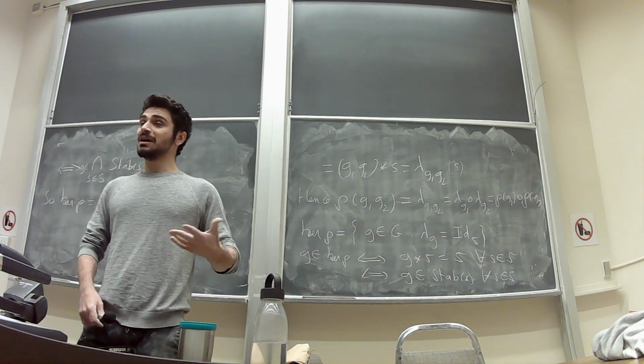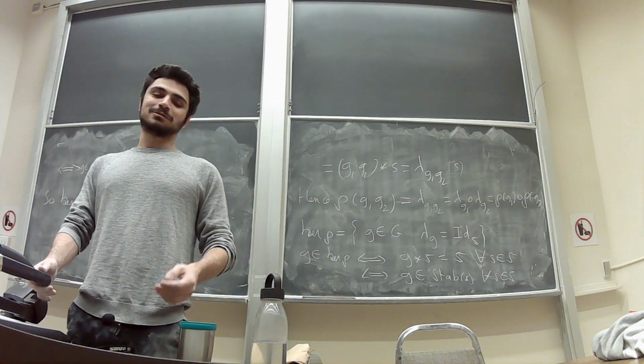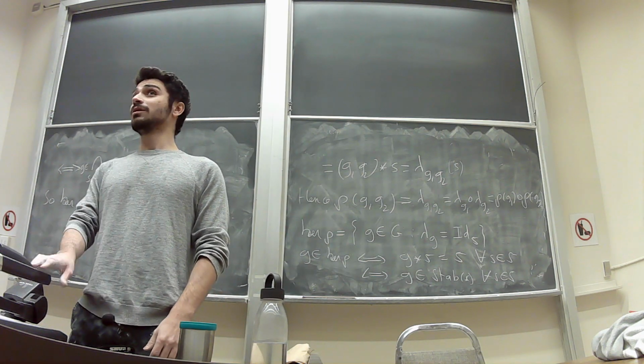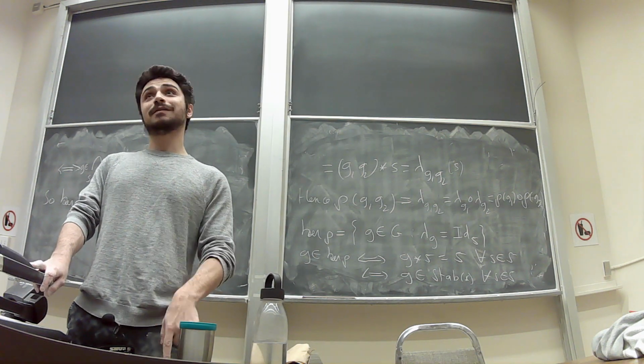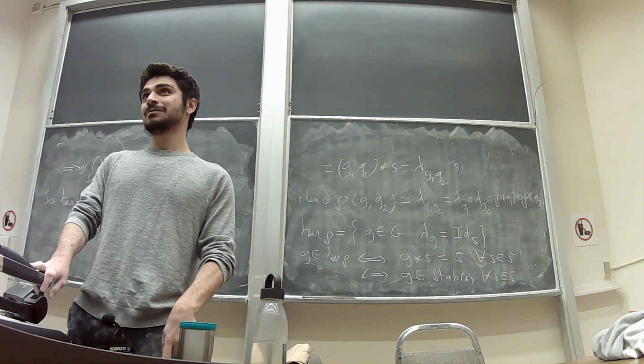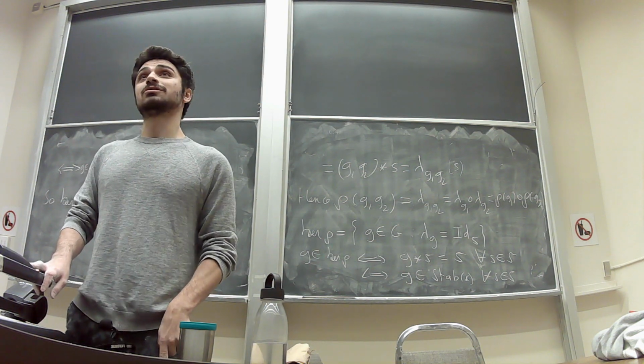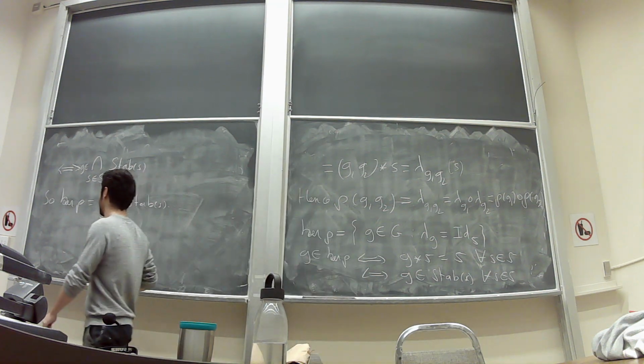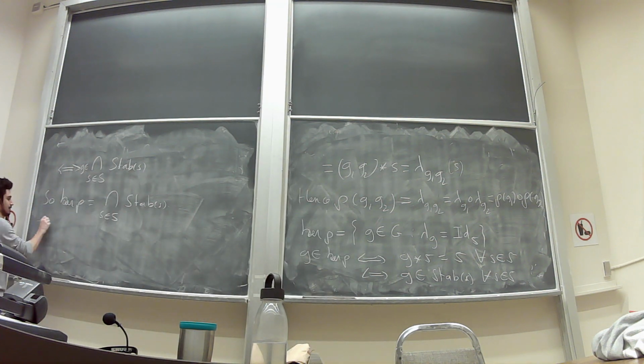Now you can prove something else using group action: if H is a subgroup of index n, not necessarily normal, then g to the n factorial belongs to H. The idea here is that you have to consider an action. So G is a group, and H is a subgroup of index n.